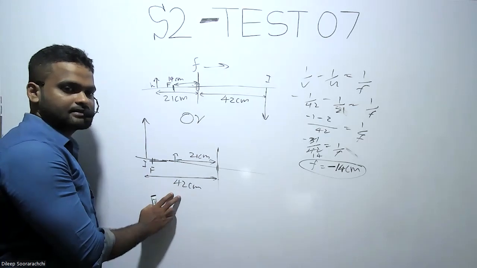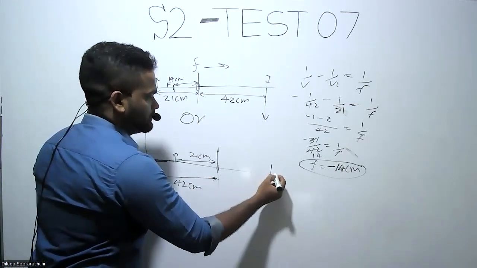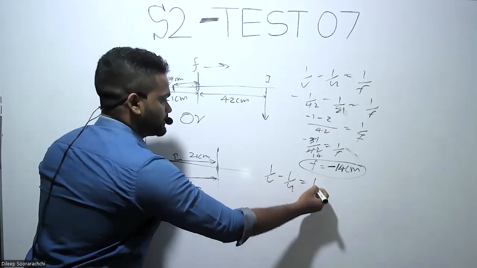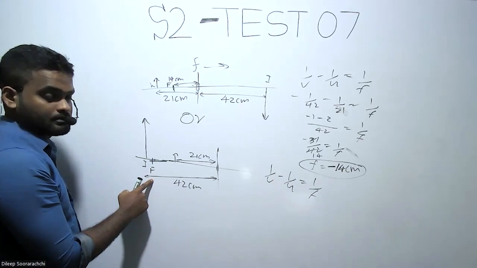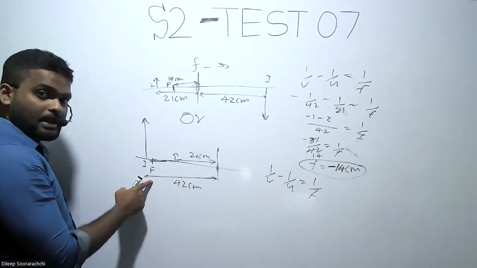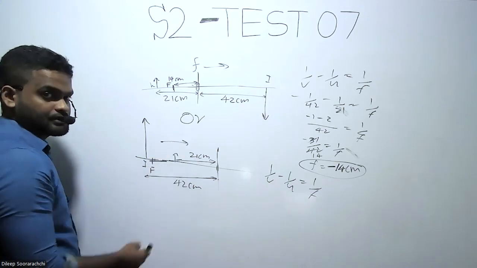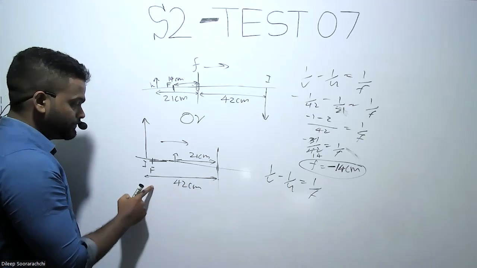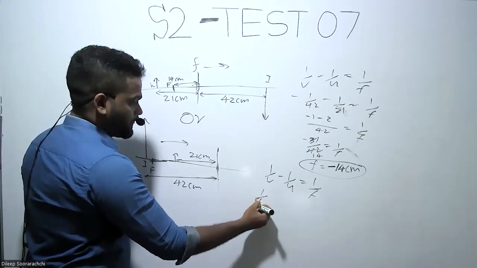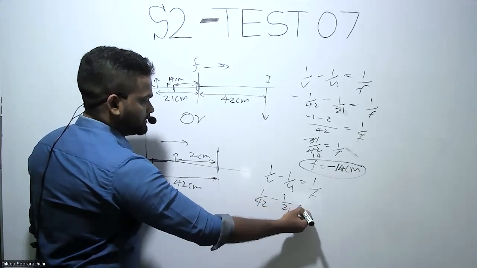Then I'll go for this case. Apply the lens equation. Here v is positive, right? Because the image is formed at the back of the lens, opposite to the direction of the light. Light is moving in this direction, so it is plus. u is 21, equals 1 over f.